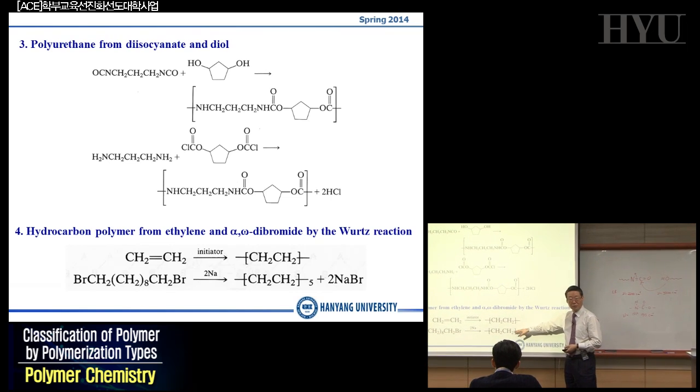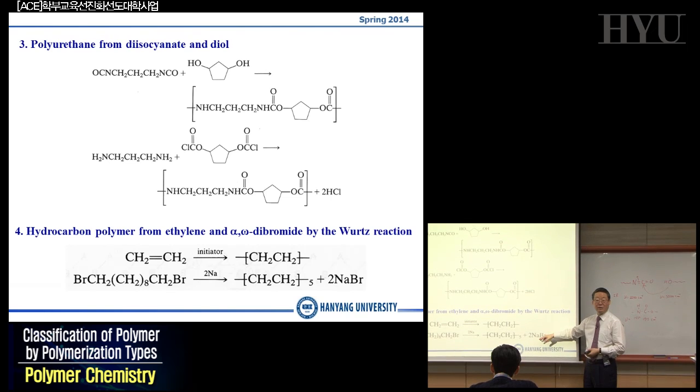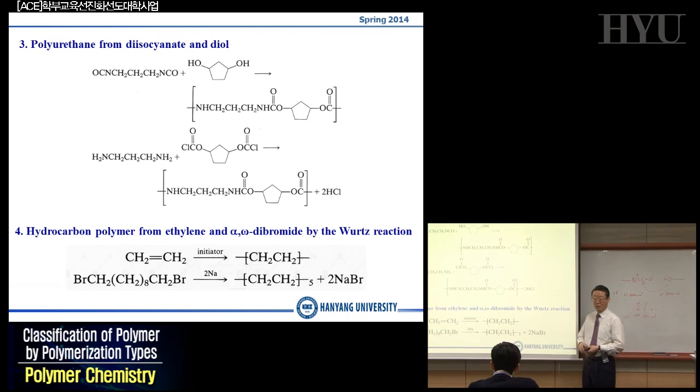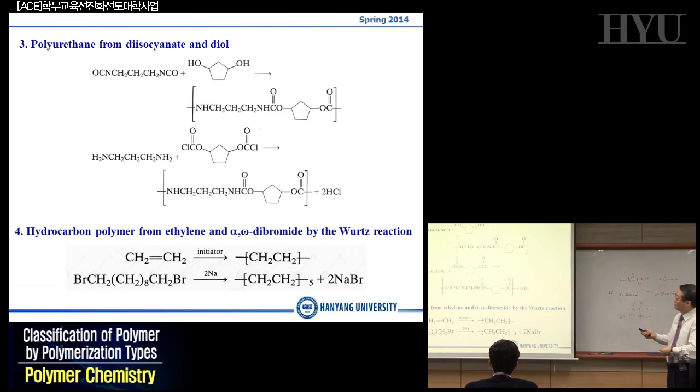The second reaction is called the condensation reaction, but condensation reaction is not very typical to make polyethylene. But the first addition reaction is quite widely used. Okay? In this case, the addition reaction is pretty typical and traditional. But this one is called the condensation reaction.